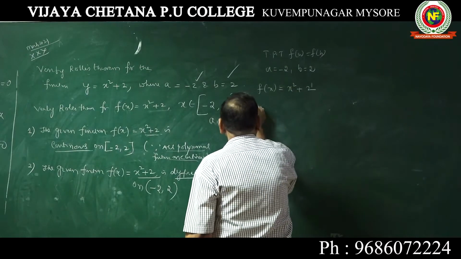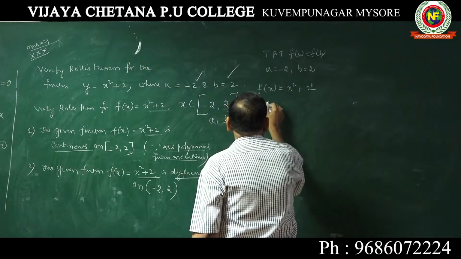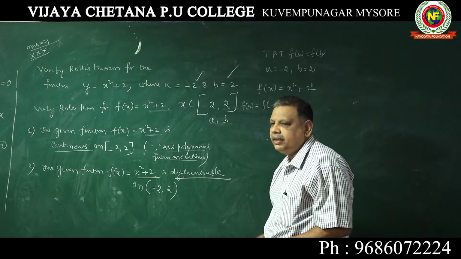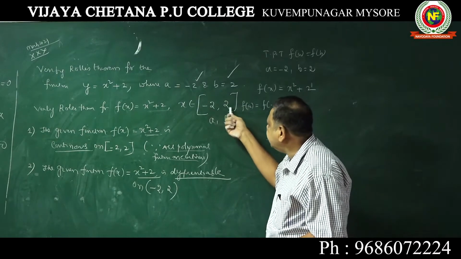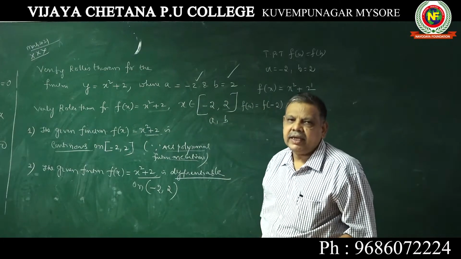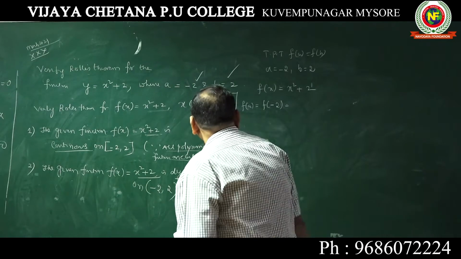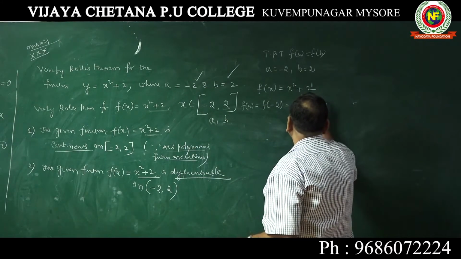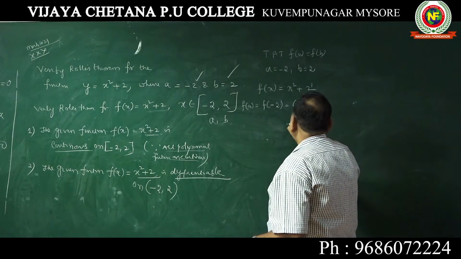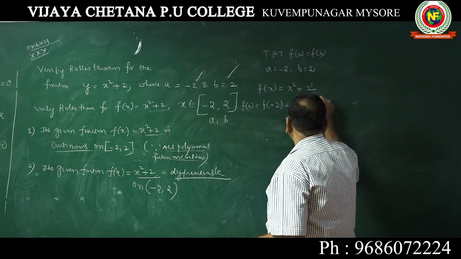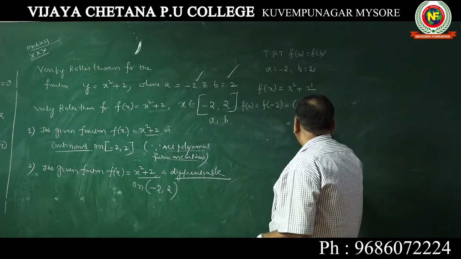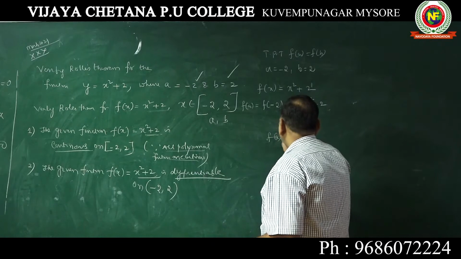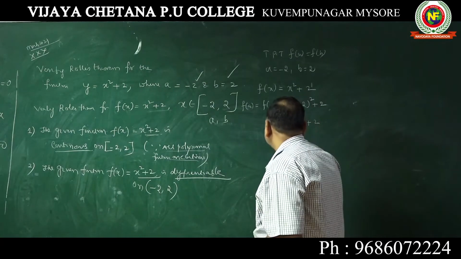Take f of a, that is f of minus 2, because the first one is a and the second one is b. They give it in this order. Now f of minus 2 is minus 2 squared plus 2, that is 4, since a negative number raised to an even power is positive, plus 2, which is 6. So f of a is 6.